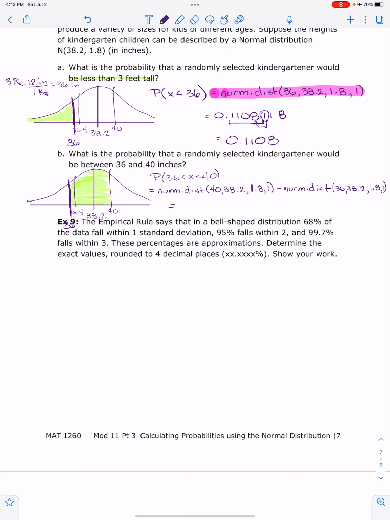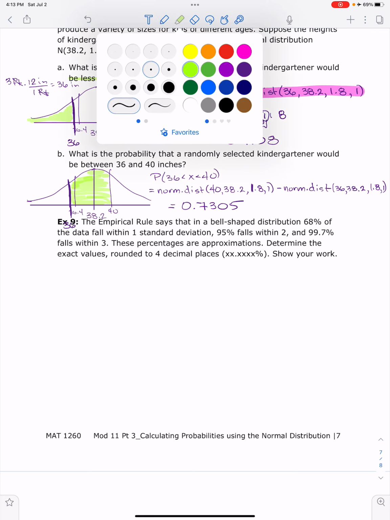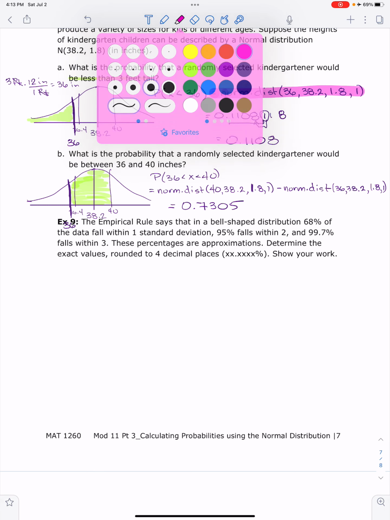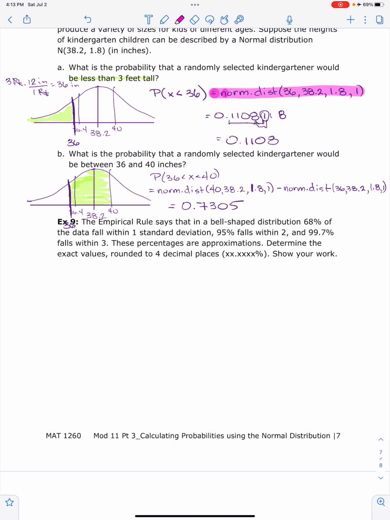When I subtract those, I get 0.7305, which makes sense if you think back to our empirical rule. The 36 to 40, that is about 1 standard deviation above and below.